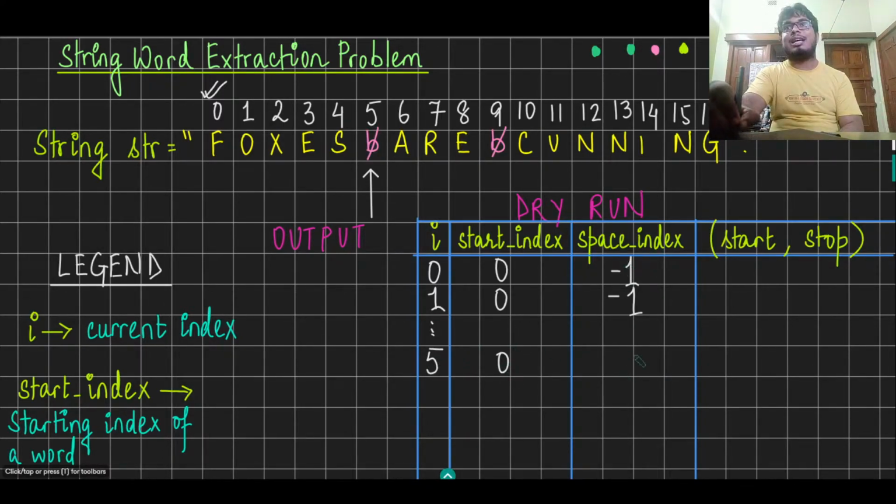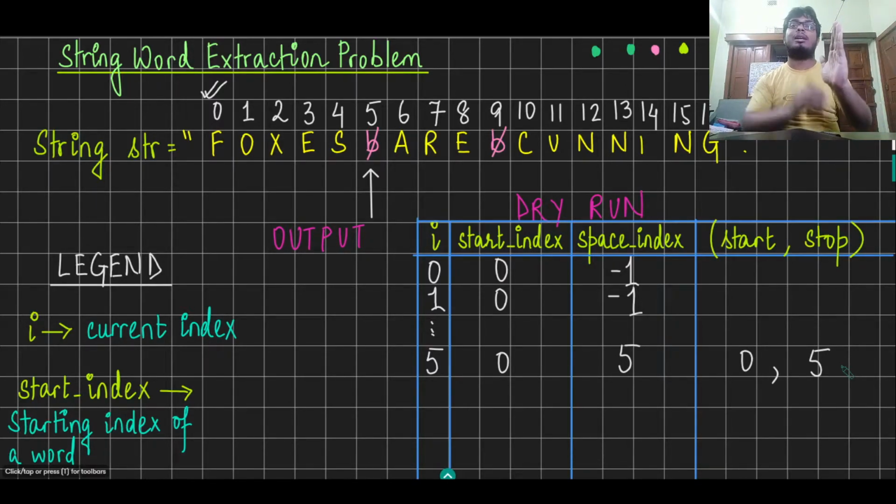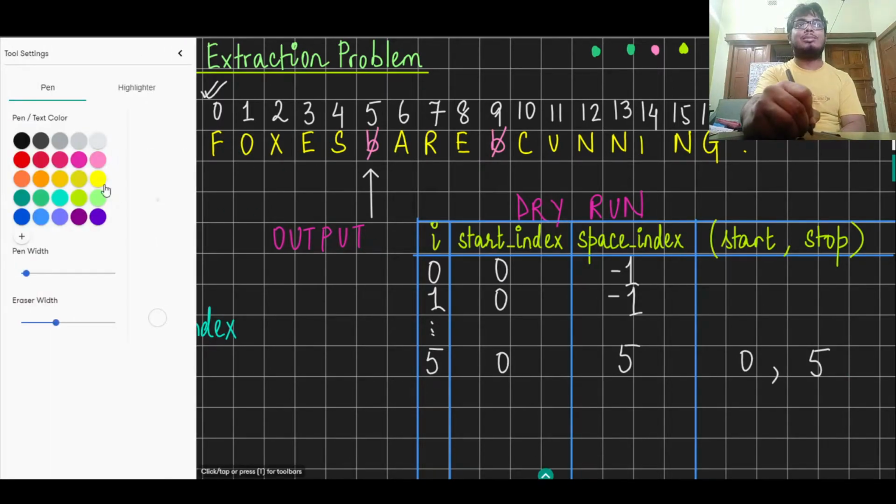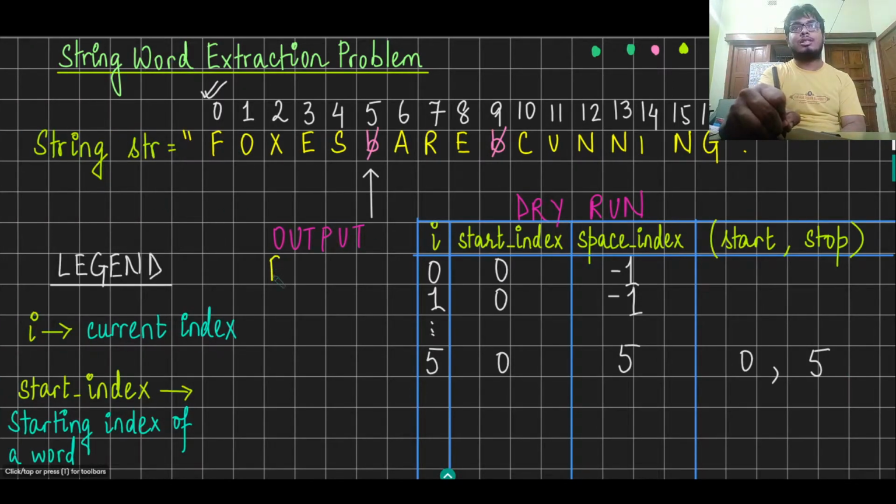So the space index would be 5 now. Now, if I were to extract the first word, what would be the start and the stop indices of this word? 0 and 5. Remember how substring works. It starts extracting characters from the start index and goes up till stop index -1. So therefore, the word that has been extracted is foxes.